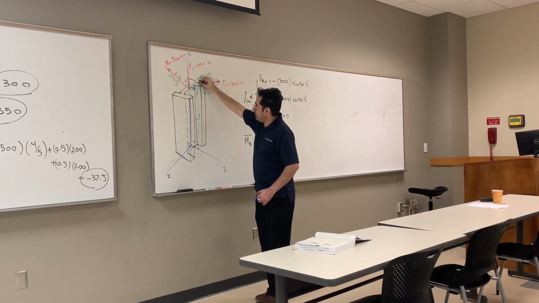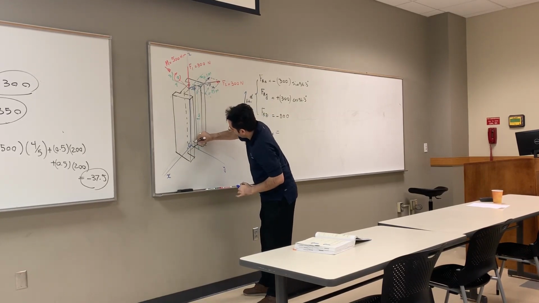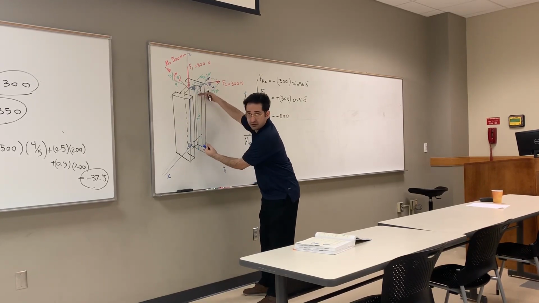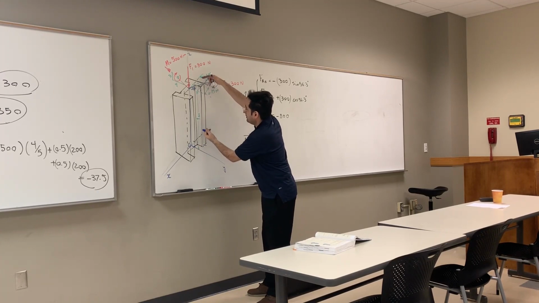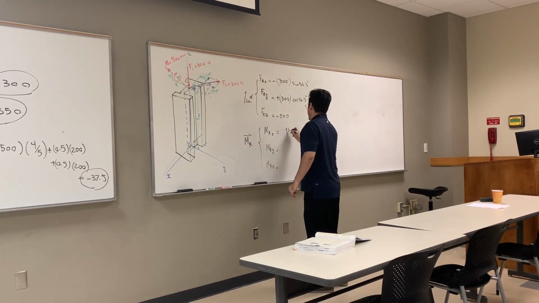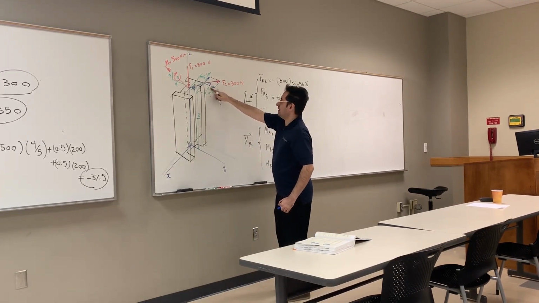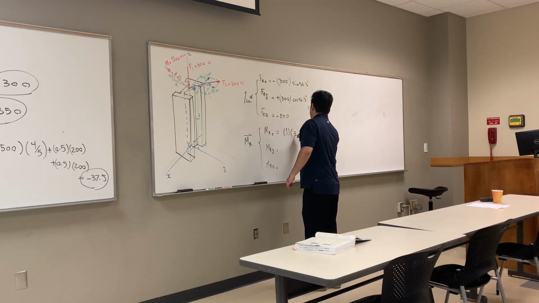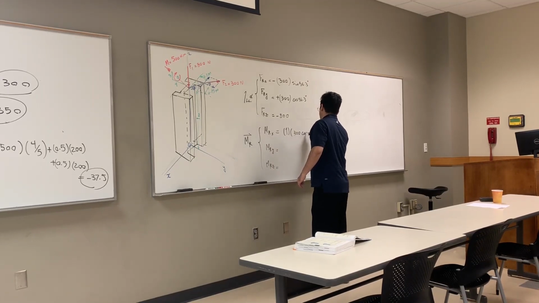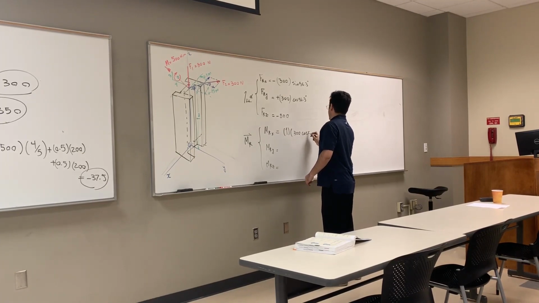So what's the moment arm from here to the x-axis? It's 1, that distance is just 1, right? So you say 1 times this component, which is 300 cosine of the angle, 56.3.